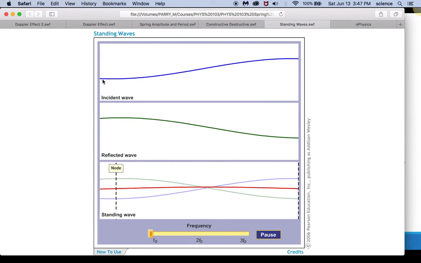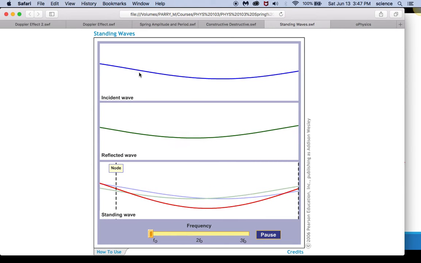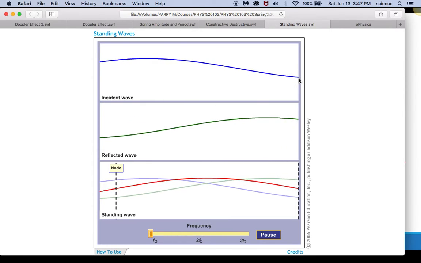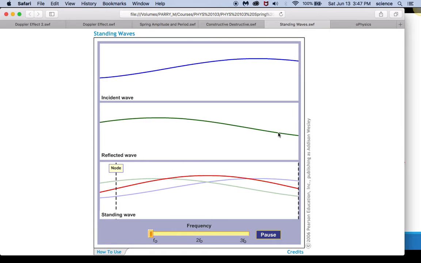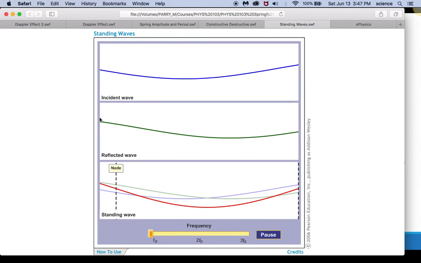and I'm going to hit play. What I have is an incident wave that's traveling in the forward direction, and then a wave that's reflected back in the opposite direction.